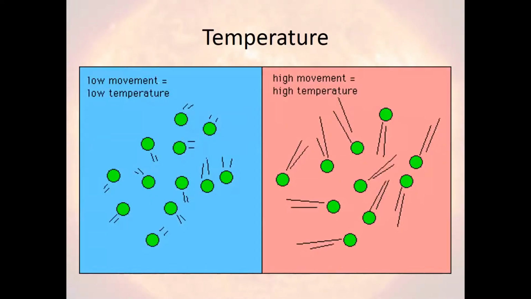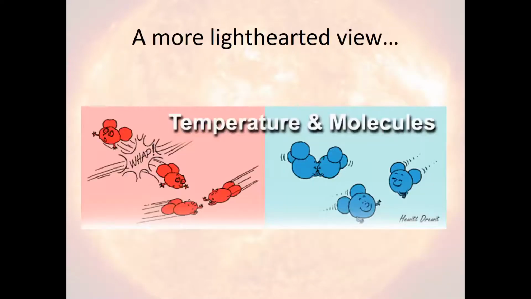So, just to reiterate, when an object has a cold temperature, that means that the molecules making up that object are moving very slowly. On the other hand, when an object is really hot, those molecules are moving really fast. Or if you like to look at it in a more lighthearted view, like I like to, when an object is really warm, the molecules are bouncing off of each other, bumping off of each other, going really fast.